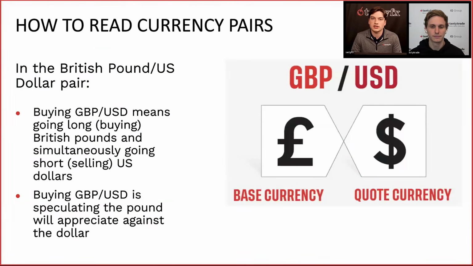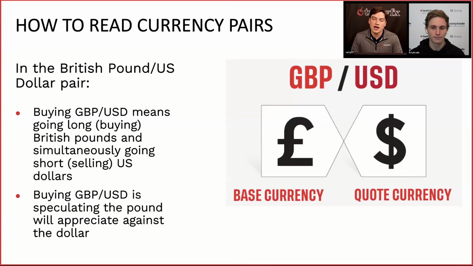Your base currency is what you will be buying or selling when you're engaging with this currency pair. And the second quote currency is what one unit of the base currency is quoted in, and that's what you're paying with.